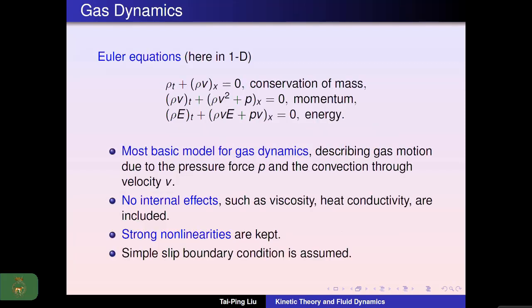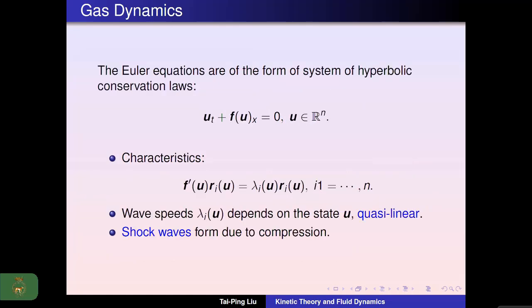Suffice to say that they are not easy to solve. Okay, but the Euler equation, although it's the simplest one, has captured some of the very essential things, namely nonlinearity.